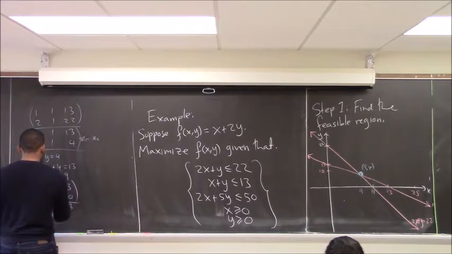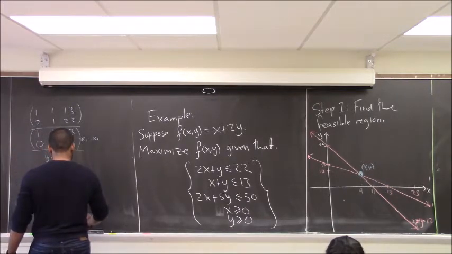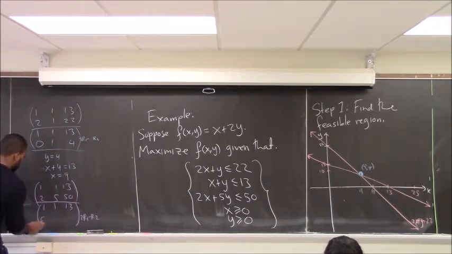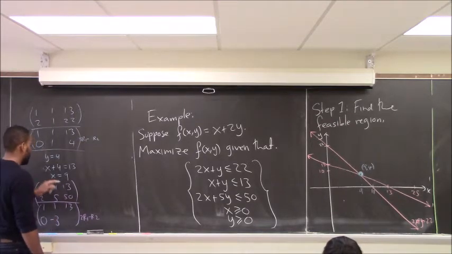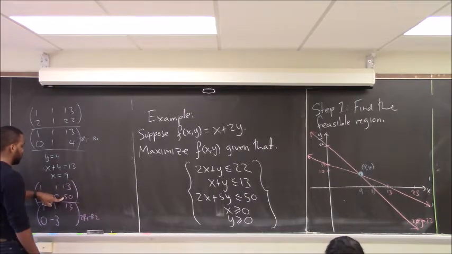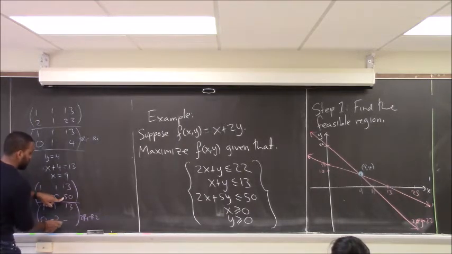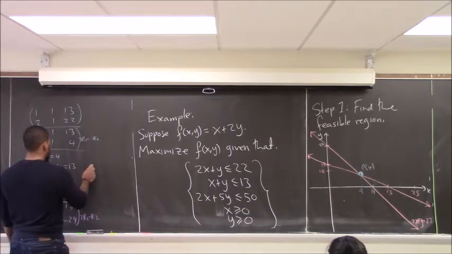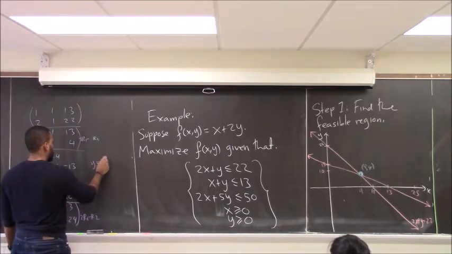Then I can do 2 row 1 minus row 2. 2 times this minus that, 0. 2 times this minus that, minus 3. 2 times 13 is 26 minus 50, negative. So here I have that y is going to be 24 over 3, which is 8.